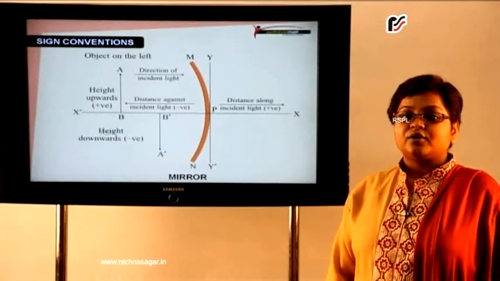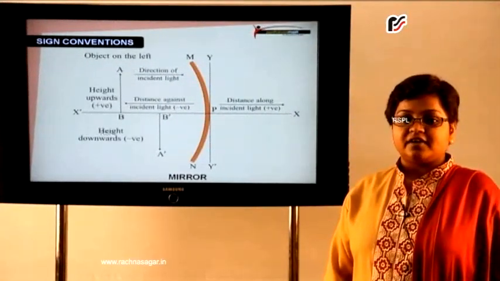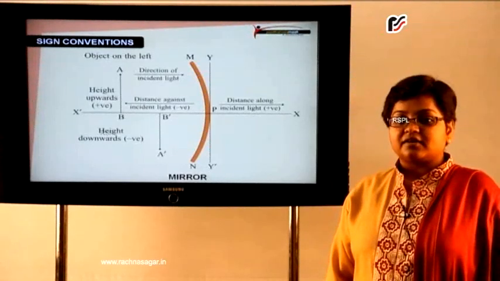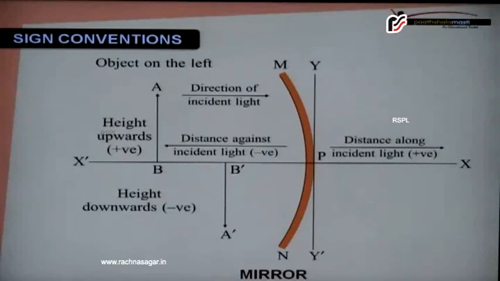Let us start to learn about the sign convention for the mirrors. Consider there is a Cartesian plane and the origin is considered as the pole of the mirror. The distances moved to the right of the pole are taken as positive, and the distances moved to the left of the pole are considered negative.